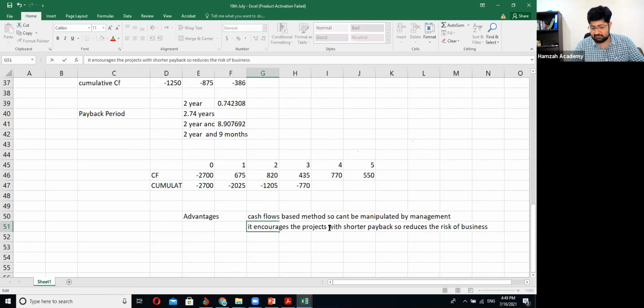Here's the risk. It is a screening device which is used for investment appraisal.